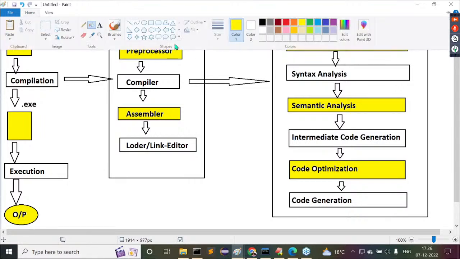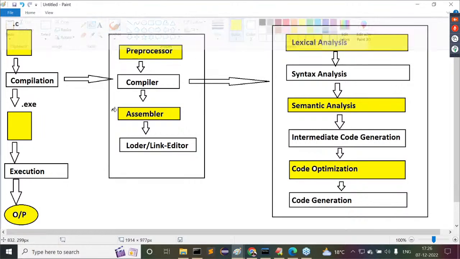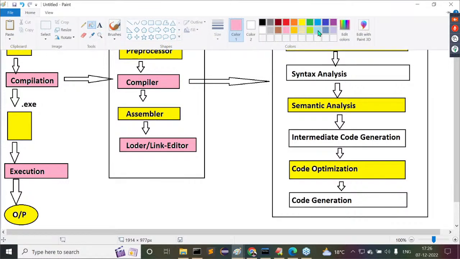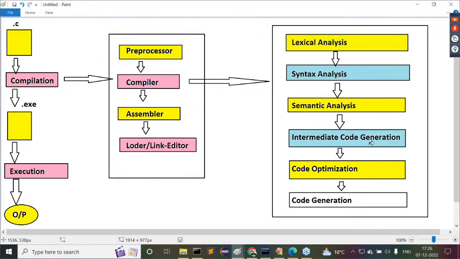These many things are available or not? Guys, observe carefully. So this is overall the diagram now.